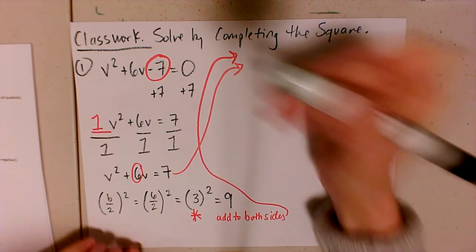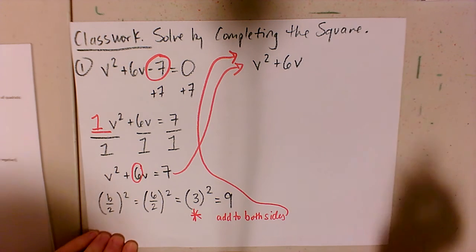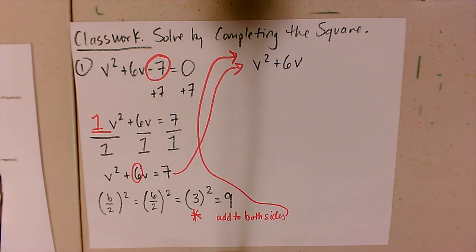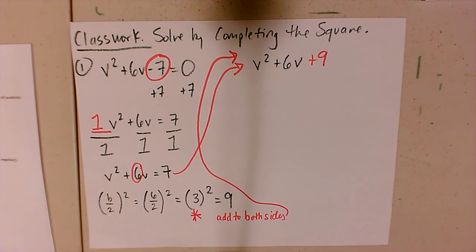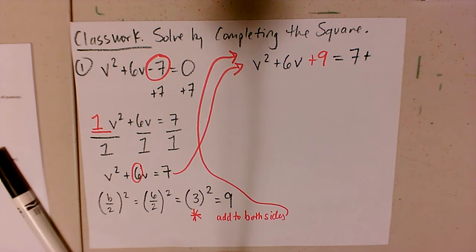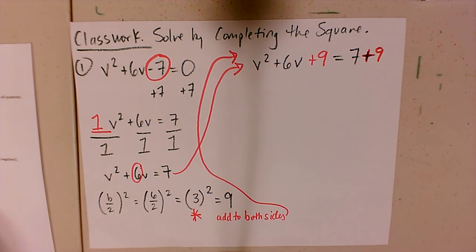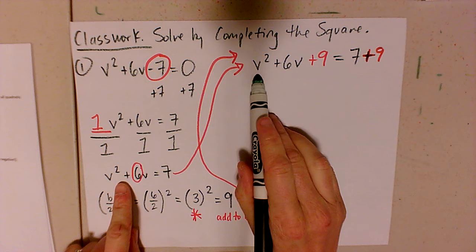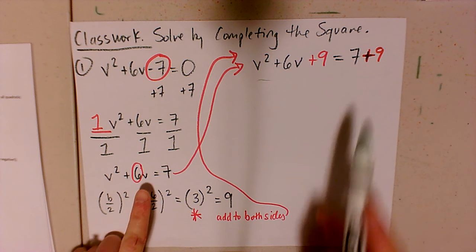So I'm going to have v squared plus 6v, and I'll do the 9 in a different color so you can see. So plus 9 equals 7 plus 9. Right? So what I have going on, I have my original equation, the v squared plus 6v equals 7, and then I added 9 to both sides.